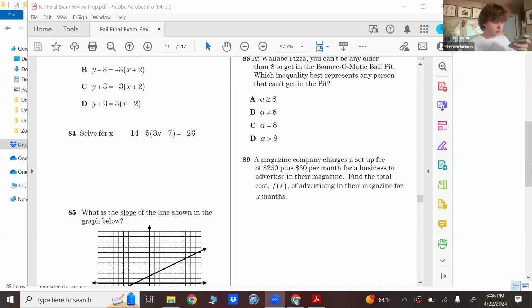What's right here? That one was on the back page.